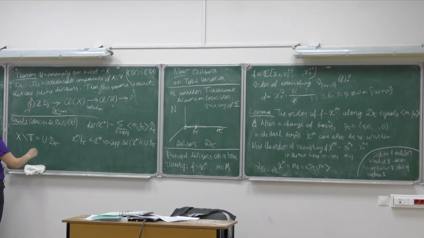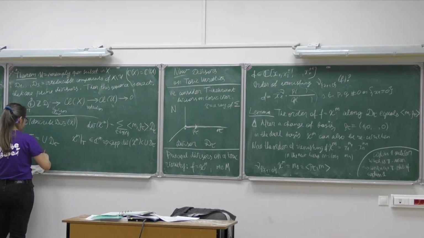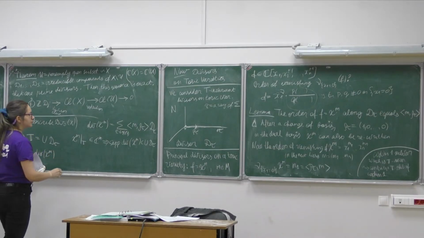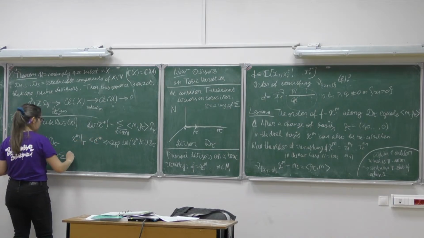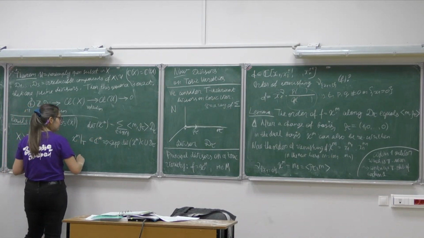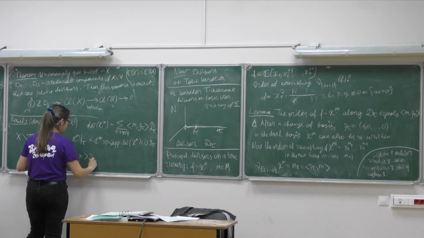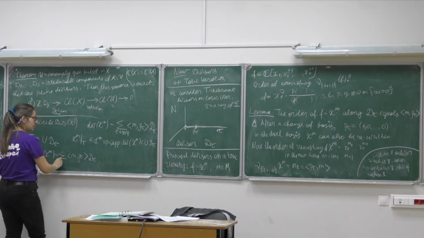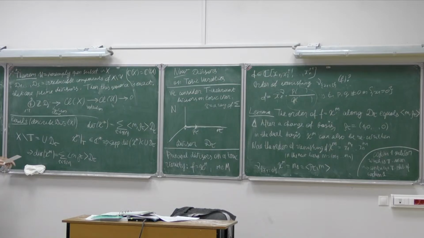And we use that formula, and we say that div chi m is the sum of m rho tau d tau for all the rays. Okay.